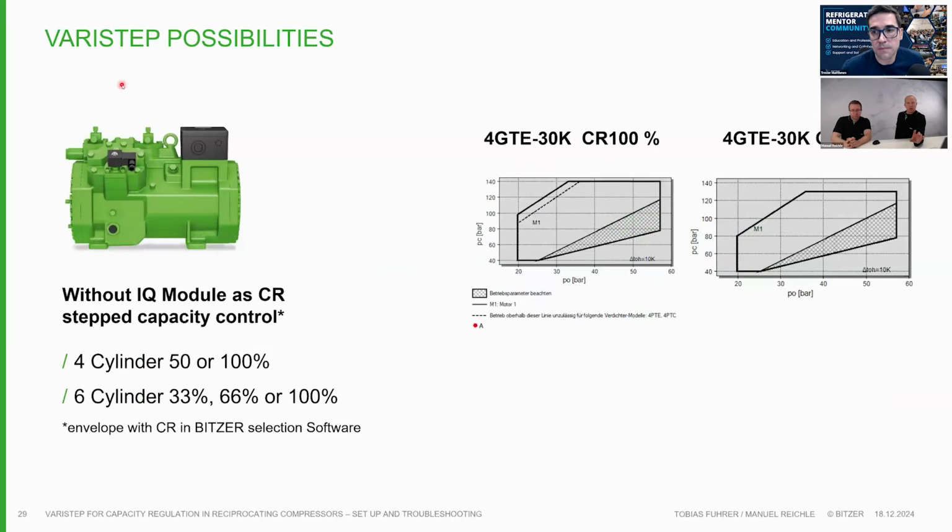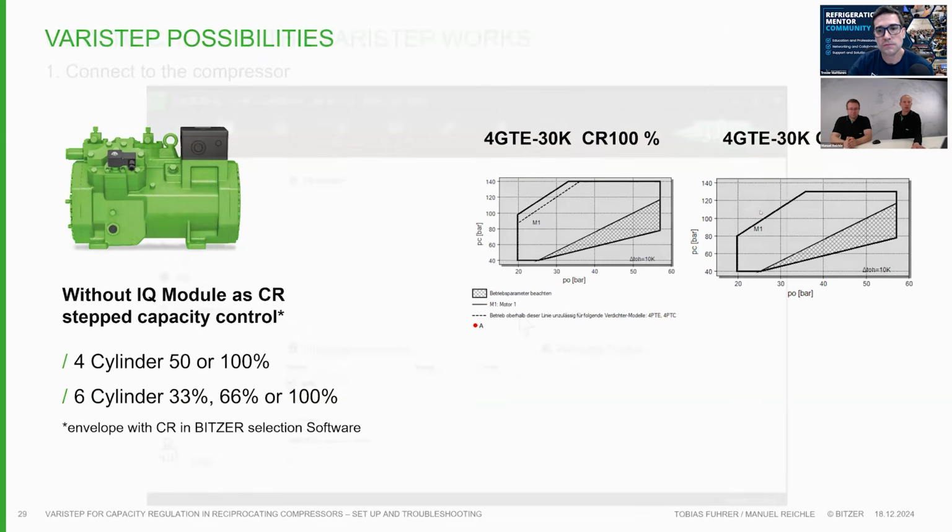Then if it is used in stepped operation, so basically 50 or 100%, you will also find the application limits in the Bitzer software, where there are just slight, let's say, restrictions on the thermal limits. So that's the top left-hand corner of the compressor, where in typical cooling and freezing applications, you don't operate the compressor anyways.